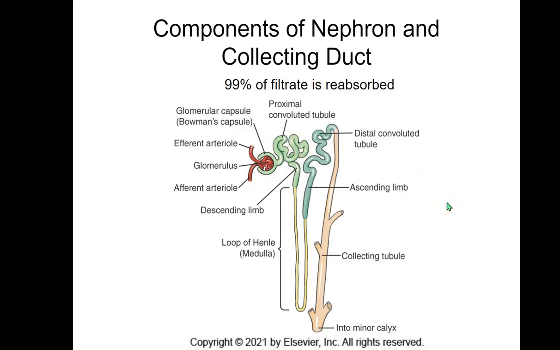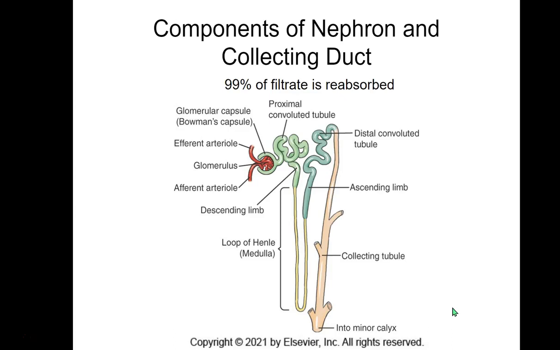From the proximal convoluted tubule, it goes down the descending and then ascending loops of Henle to a distal convoluted tubule, which you see here, to a collecting tubule here, and then finally it enters into the minor calyx. Remember, the minor calyces join together to form a major calyx, and then they empty into the renal pelvis.